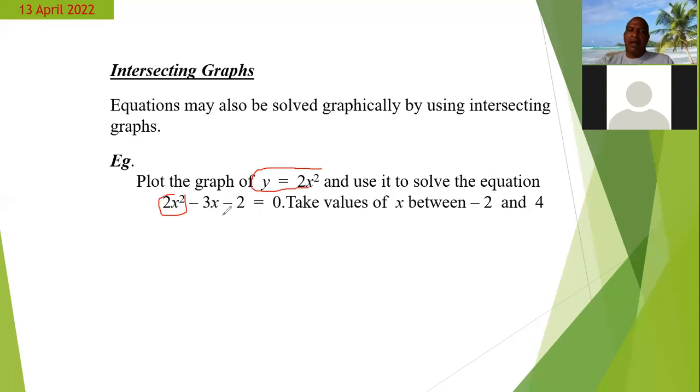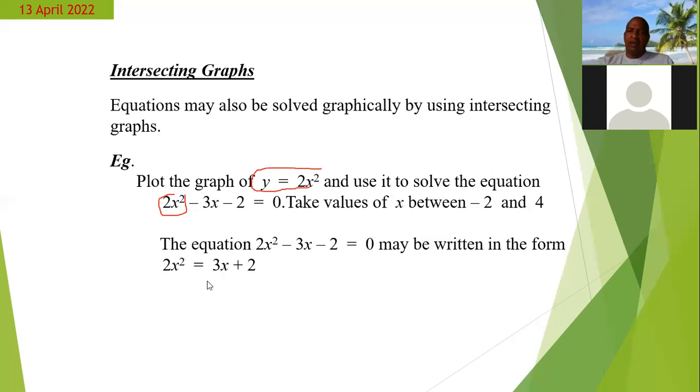Now the remaining parts, we want to put into another form. So if we bring the negative 3x and negative 2 to the other side of the equation, then we would have the other side, which is this side.